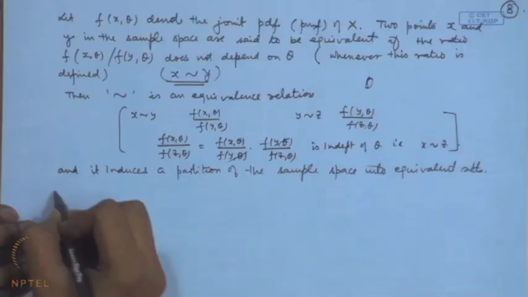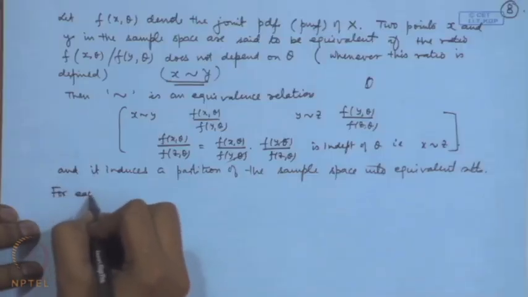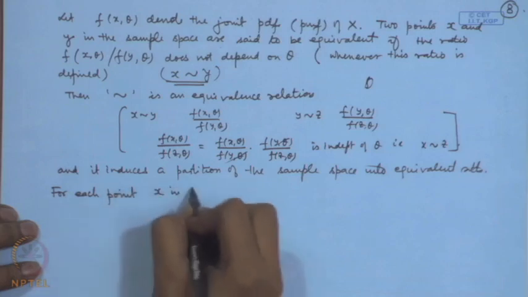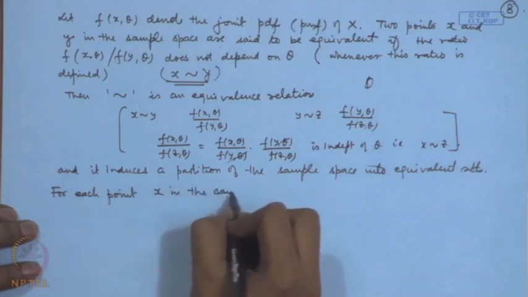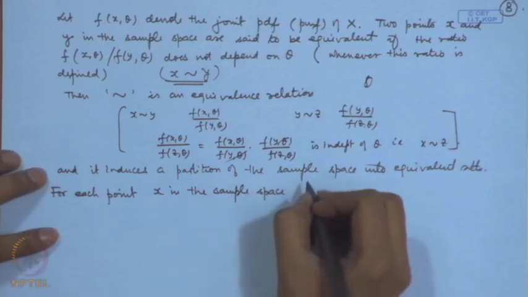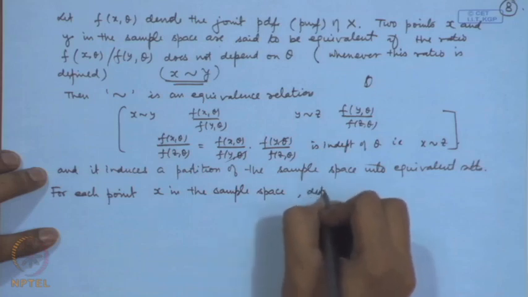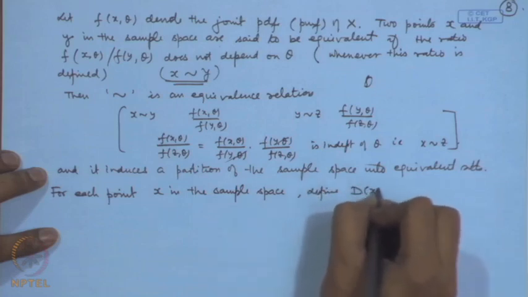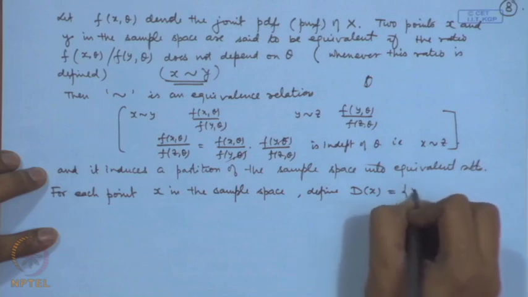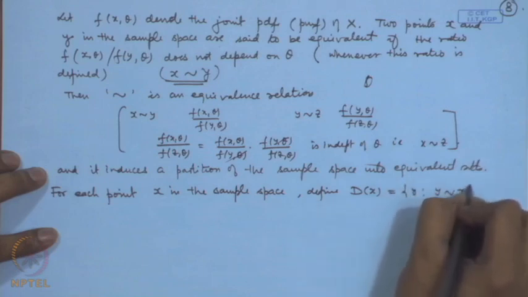So, now let us consider for each point x in the sample space, define Dx as the set of all the y's such that y is equivalent to x.